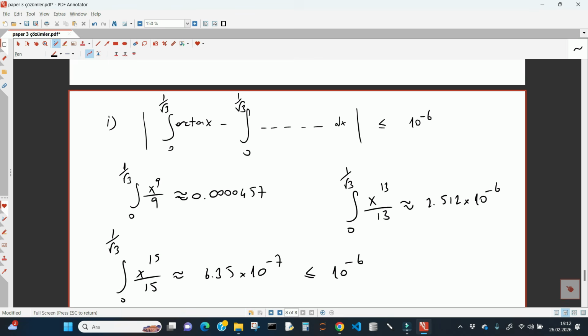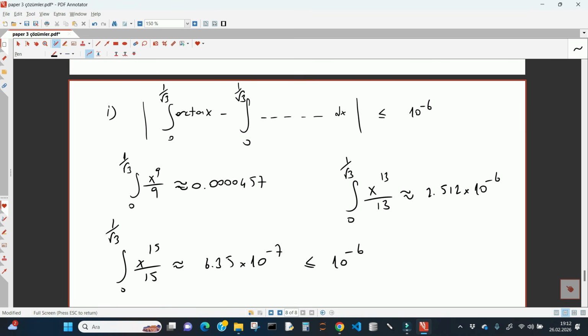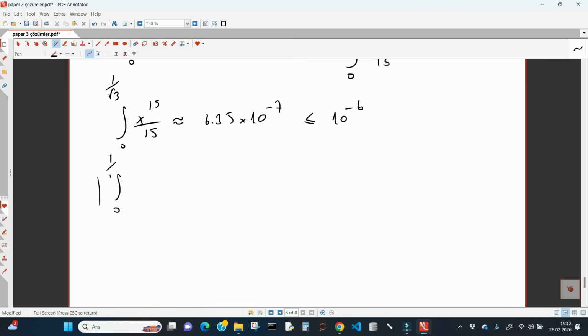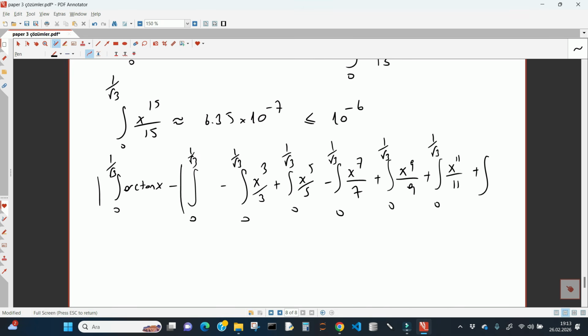In this case, from this integral, we need to subtract first. Let's check how many terms. We do not forget to add the x for each integral. Yeah, this is 1, 2, 3, 4, 5, 6, 7.